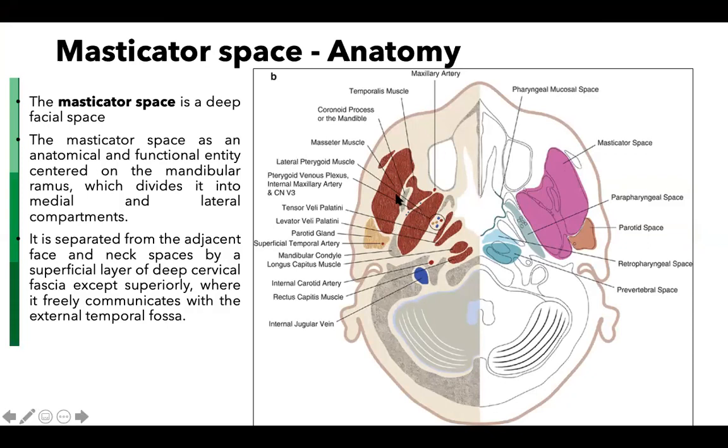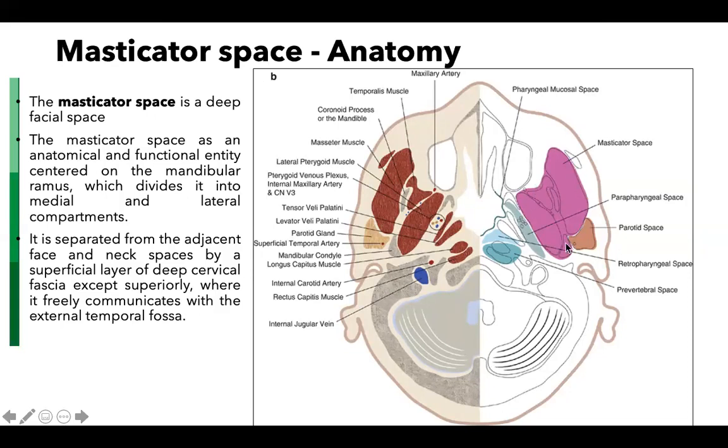This muscle is attached to the medial aspect of the mandible, and then it goes superiorly, as we will see a little bit later. This is the pterygoid muscle. Then these are the levator and the tensor veli palatini, and these two muscles are the longus capitis muscle and the rectus capitis muscle. So these are the muscles that we need to be aware of in this region.